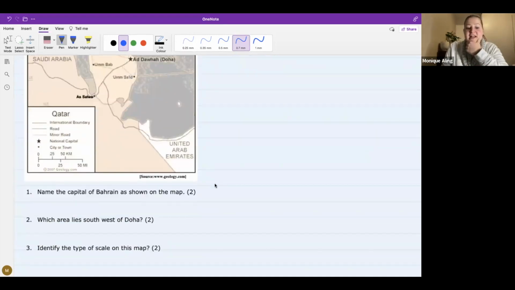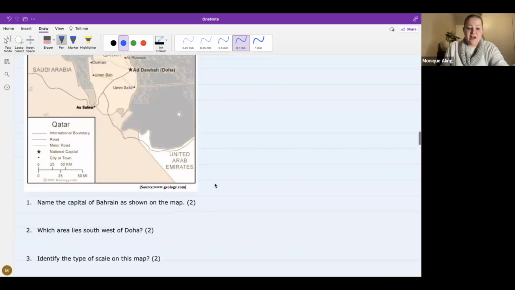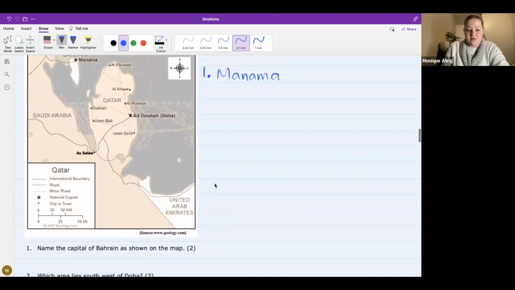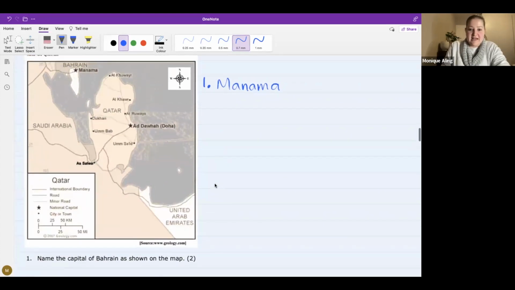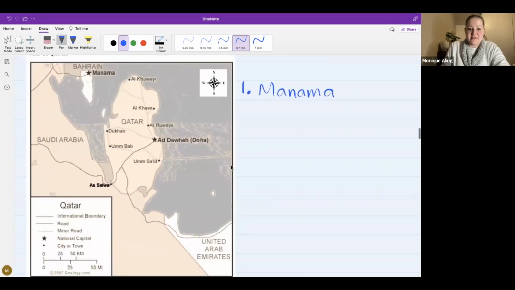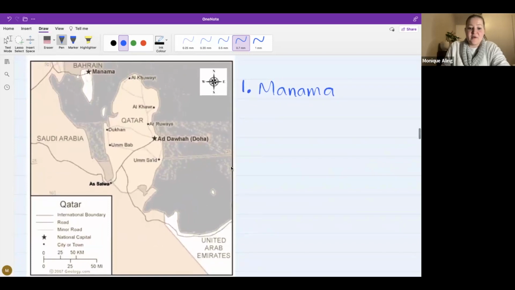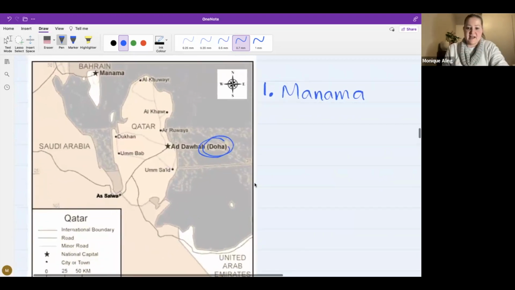Which area lies southwest of Doha? Southwest of Doha. Okay, so it's important to look at the compass. Southwest of Doha. So we need to find Doha, which is over here. I need to zoom in to see that name.